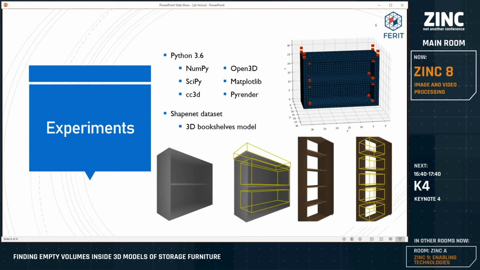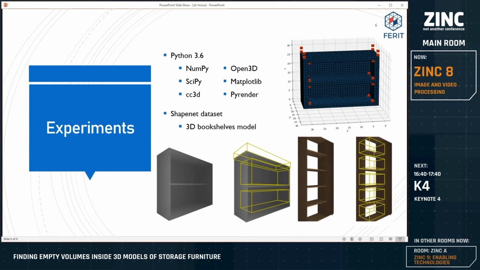In this picture, you can see an example of a voxelized query shelf model. Blue voxels belong to the shelf model, and the red voxels are highlighted voxelized vertices of the detected storage volume bounding boxes. This bottom picture shows the same query shelf, but this is the CAD model from ShapeNet.